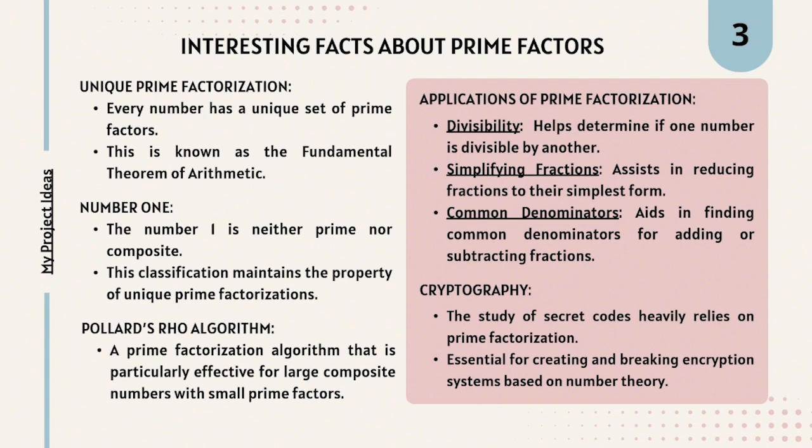These applications are basically to find the divisibility of a number, if one number is divisible by another, and to simplify fractions. Suppose someone gives you 125 by 1000, you can divide it by 25. For simplicity, take 2 by 4, which can be divided by 2 to get 1 by 2.